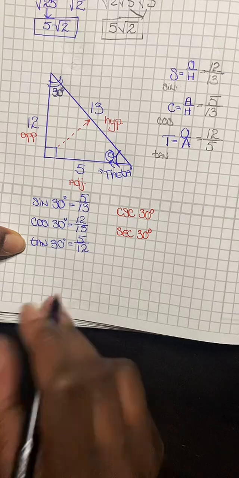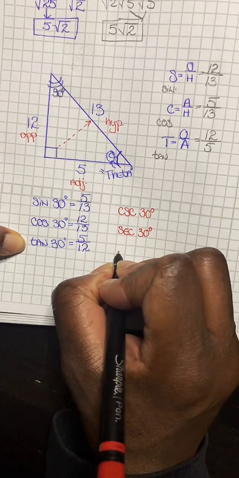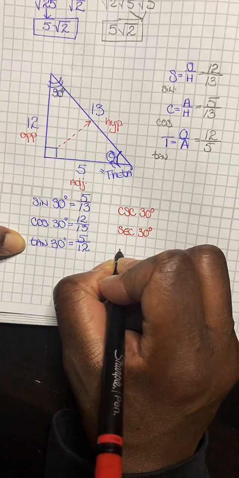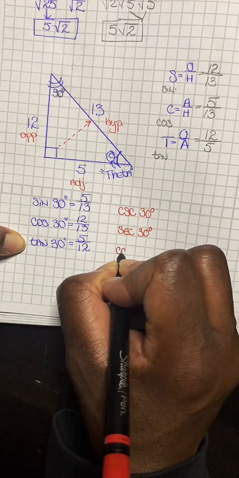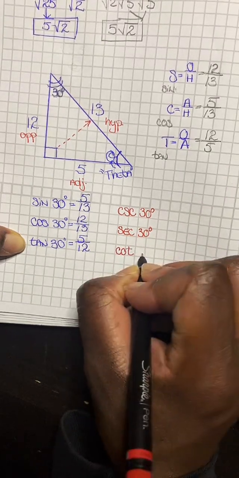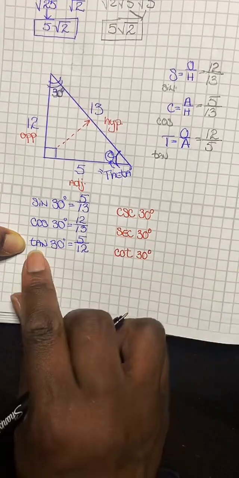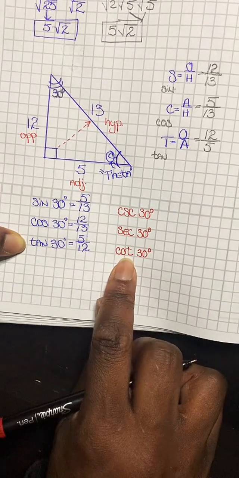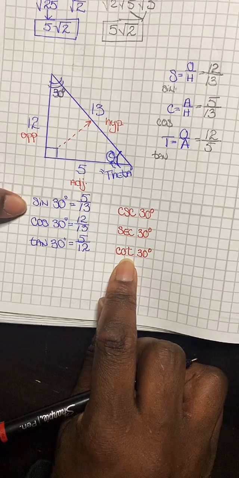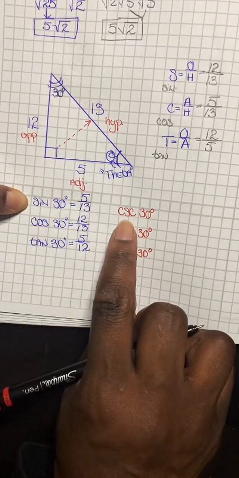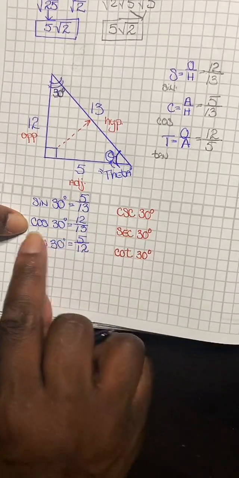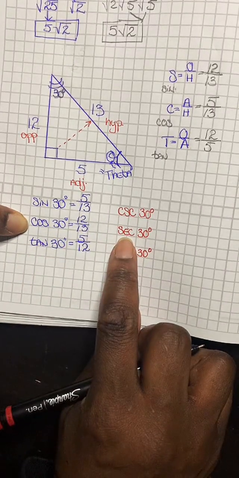Now for the tangent, this is really hard right here. Ready? Tangent, the opposite is called a cotangent. Yeah, they didn't go too far. Okay, so the inverse of tangent is cotangent. So the inverse of sine is cosecant. The inverse of cosine is secant.